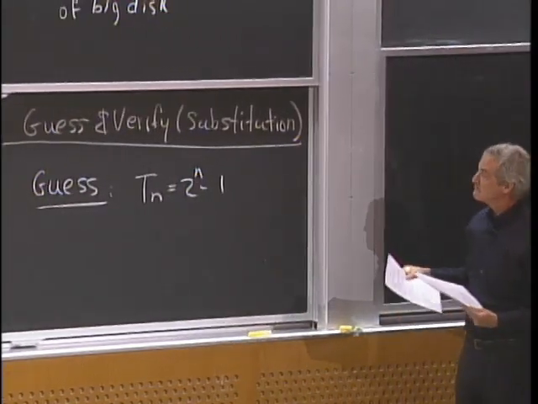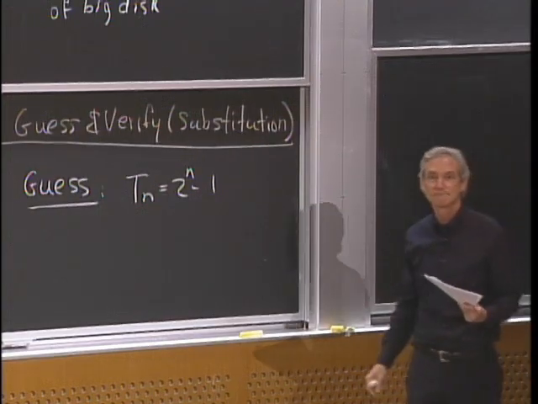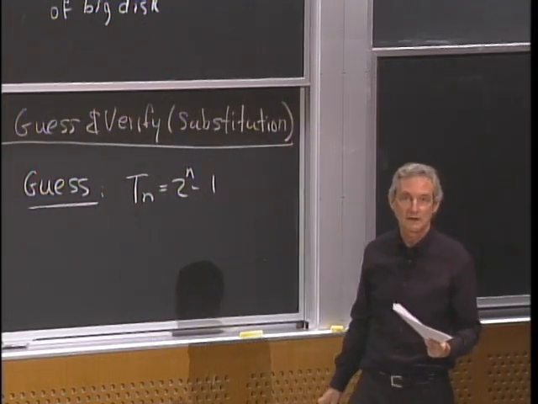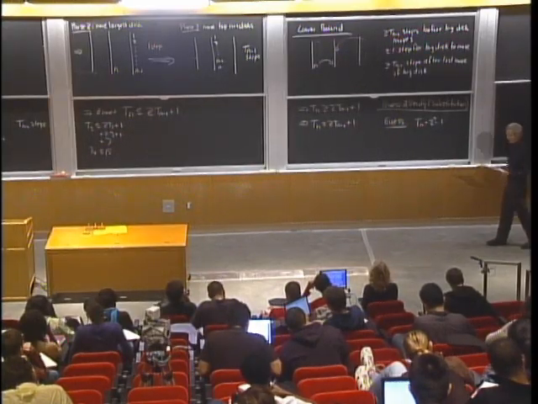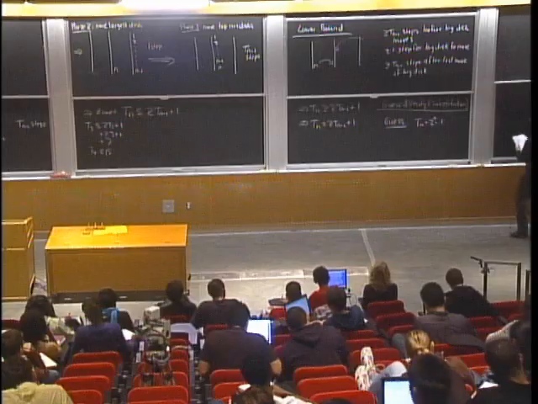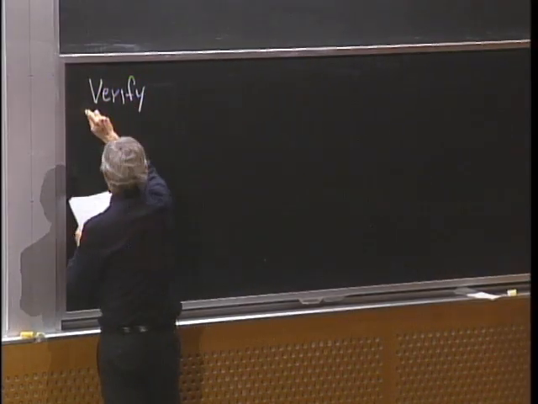All right, now that doesn't mean it's true. So how are we going to verify that guess? What proof technique? Induction. It just keeps coming back. You just never finish with induction. So we're going to verify this by induction.